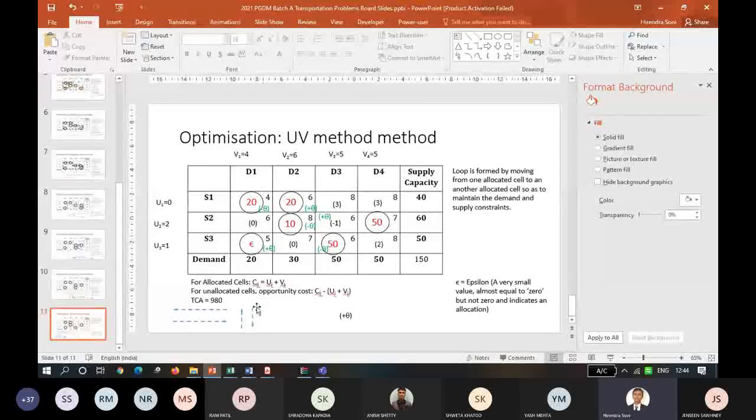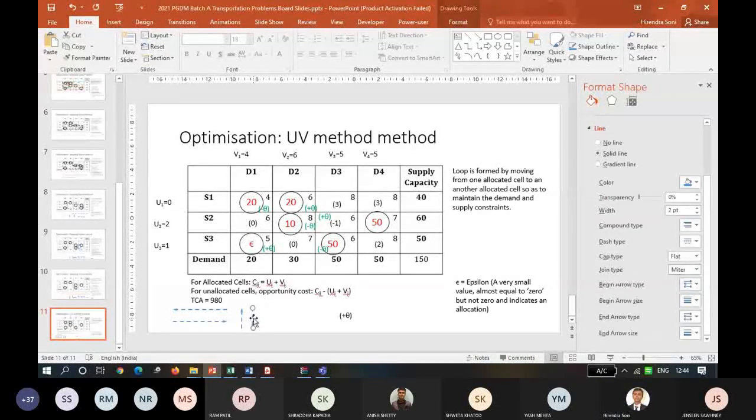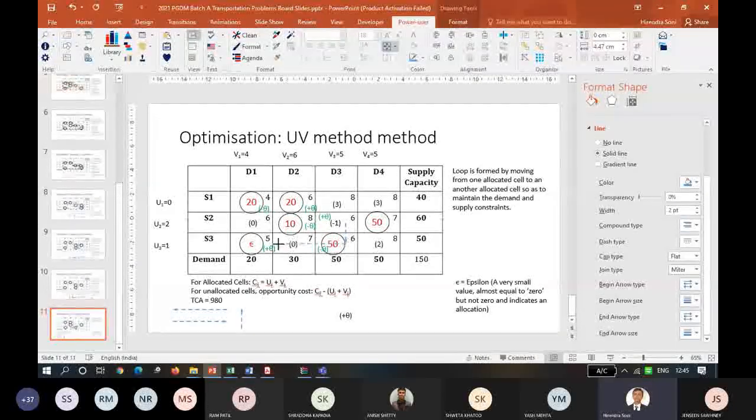Okay. So we'll start from here. So your first movement would be from S2 D3 to S3 D3, correct? Then the next, from S3 D3 to here, S3 D1.